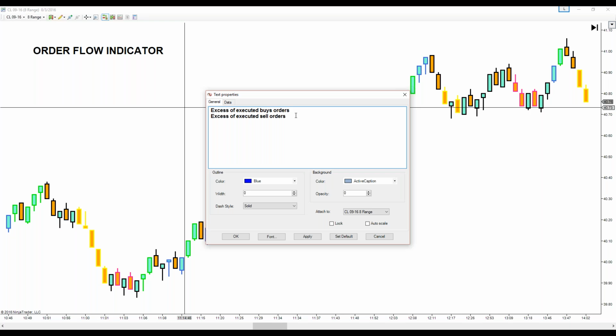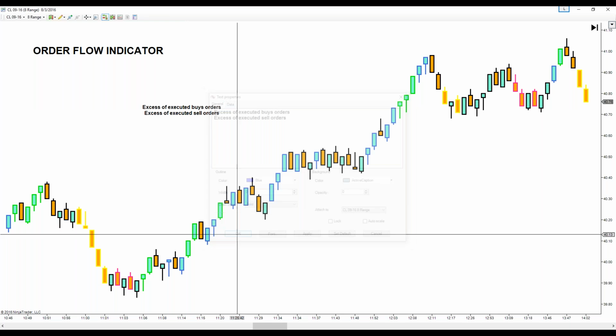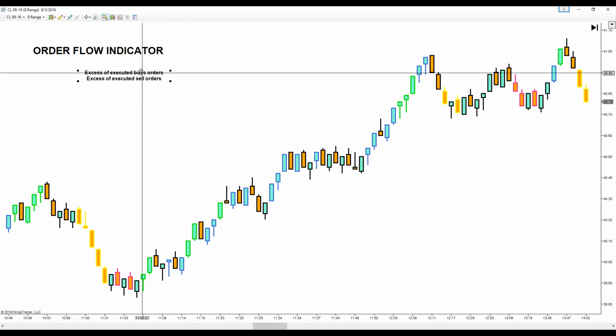And it has to occur on both higher time frames. There has to be an alignment.